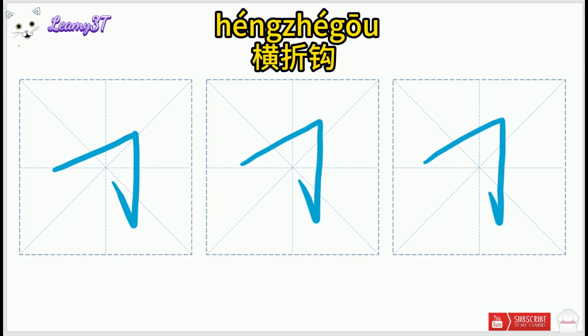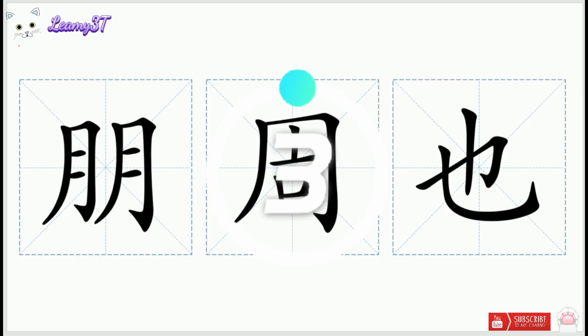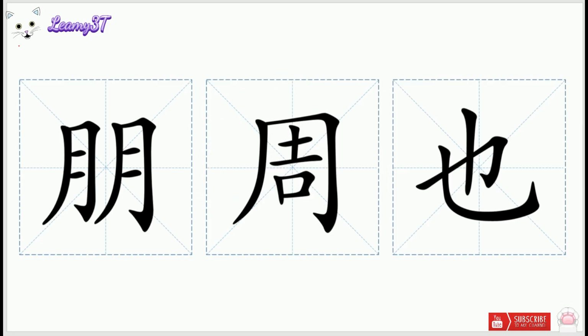Now, please take 10 seconds to find all the héngzhégōu. Have you found everyone? Let's check. héngzhégōu, héngzhégōu, héngzhégōu, héngzhégōu.